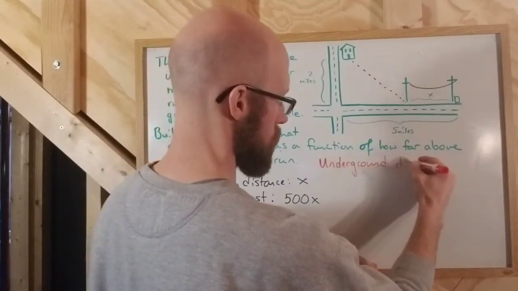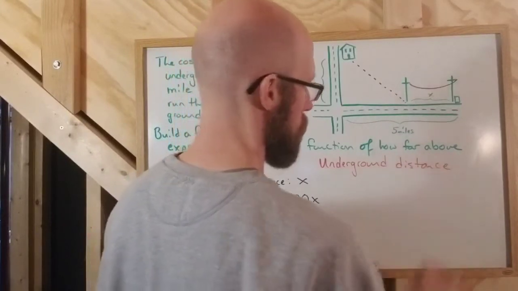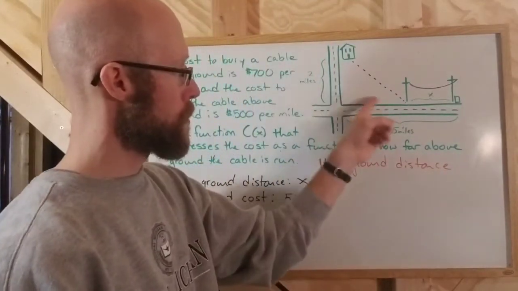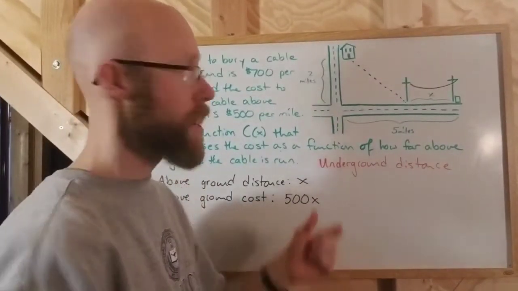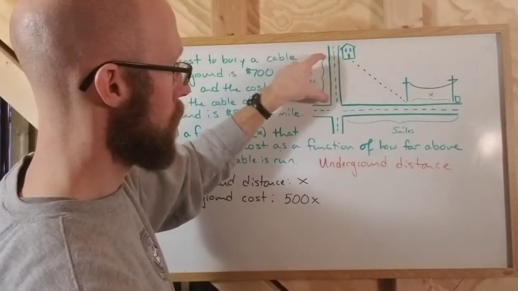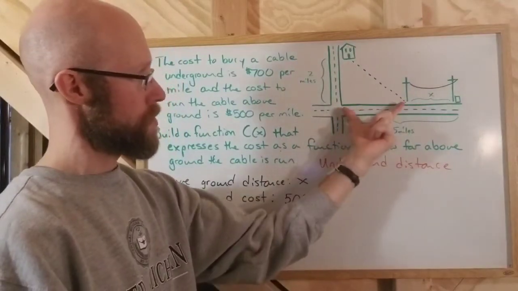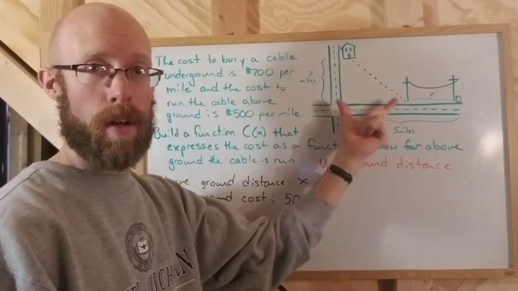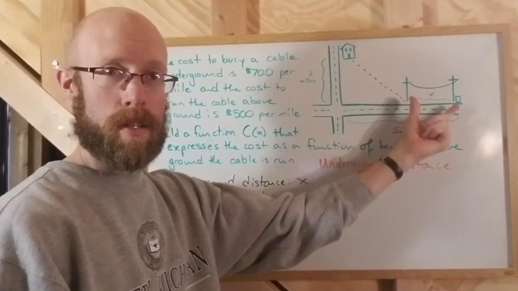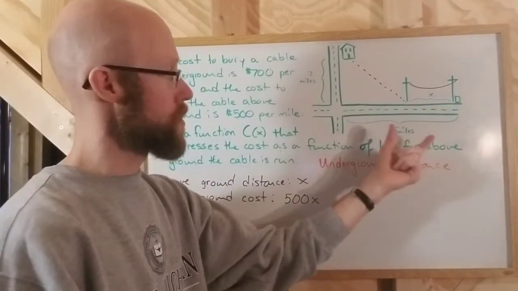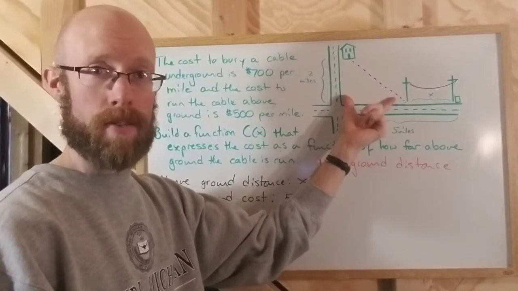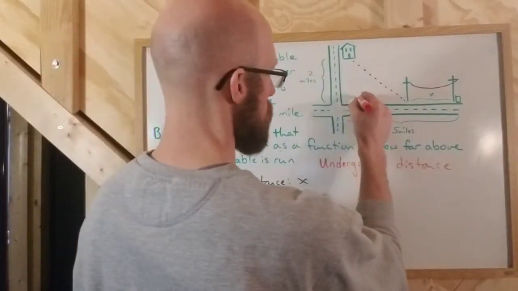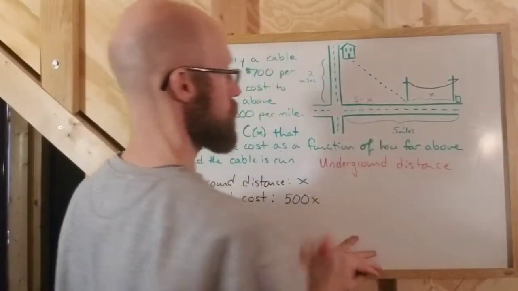Underground distance. Well, we need to use the Pythagorean theorem on this triangle. The two sides of the triangle, one of them is 2 miles, the other one is this number here that we don't know. But we know that if I add this plus x, I get 5. So that must mean that 5 minus x gives us this remaining distance. Right? So here we have 5 minus x.